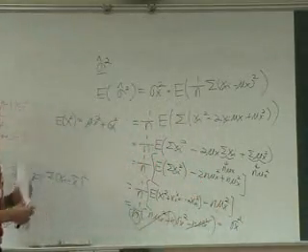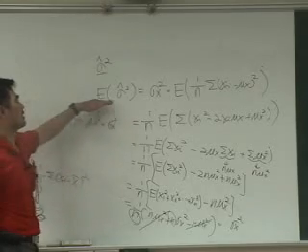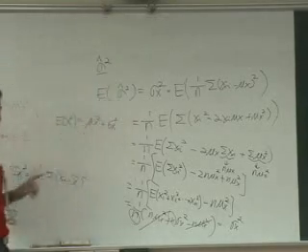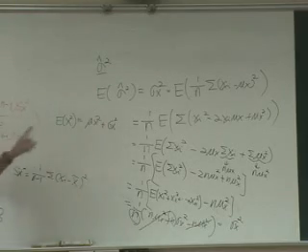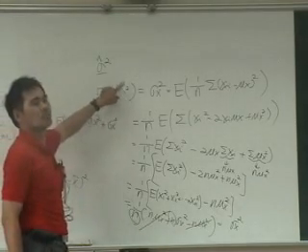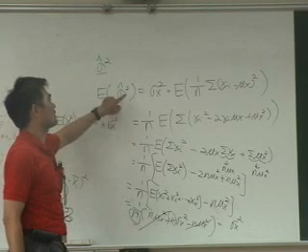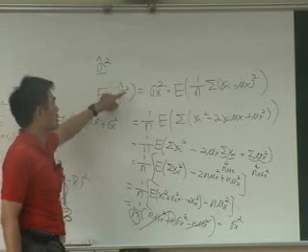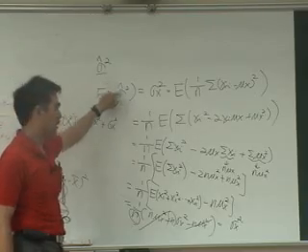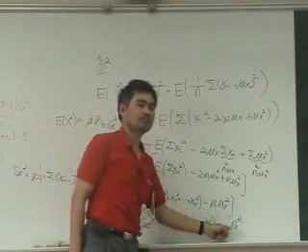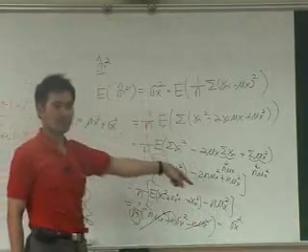So what does this mean? This means that if you know mu x, you have to use sigma hat squared. The reason we use sigma hat squared is because it is an unbiased estimator of sigma x squared.